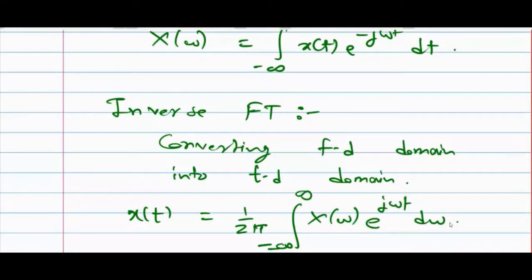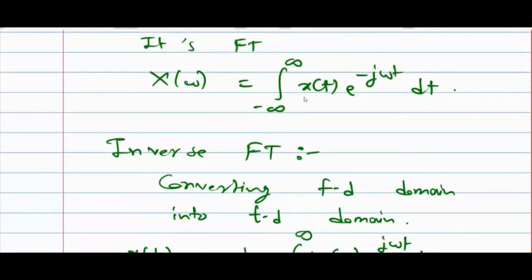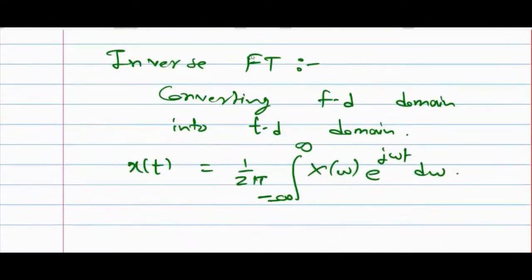So what is the difference in the two definitions? Exponential has a negative sign in the normal definition of Fourier transform, while taking inverse, exponential has a positive sign. And again, there is a factor of 1 by 2 pi in the inverse definition. So you should remember these definitions.